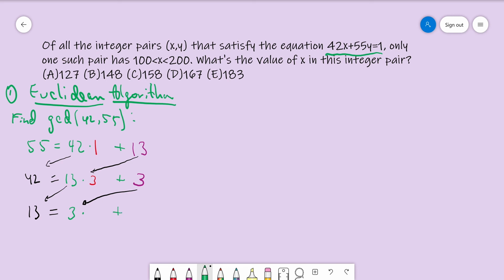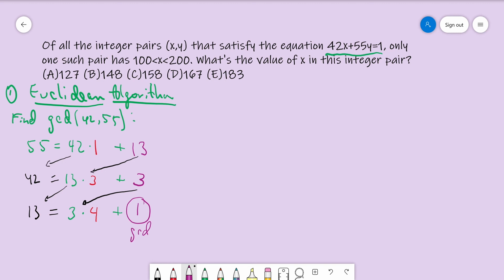Well, 3 goes into 13 4 times. That's 3 times 4 is 12. And then the remainder is going to be 1. Once you get to 1, that's the end of it, because you can't have a greatest common divisor that's less than 1. So we're done with this part, and we know then that 1 is the greatest common divisor. In other words, 42 and 55 are relatively prime.